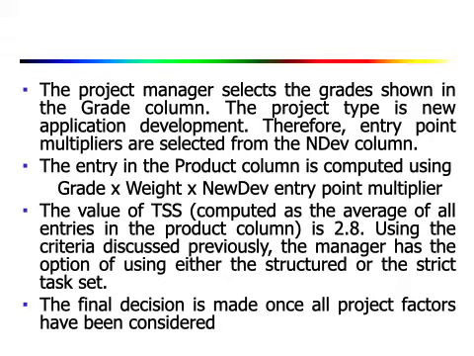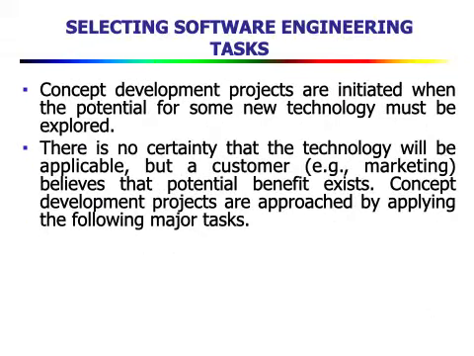So here the manager has the option of selecting either structured or strict. The final decision will be made once all the project factors have been considered. Okay, so then selecting software engineering tasks.